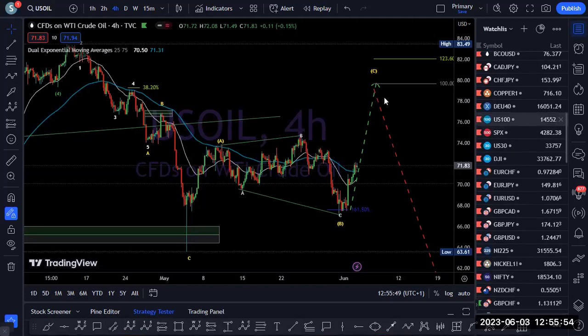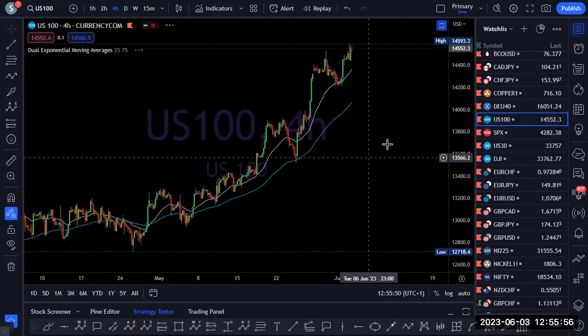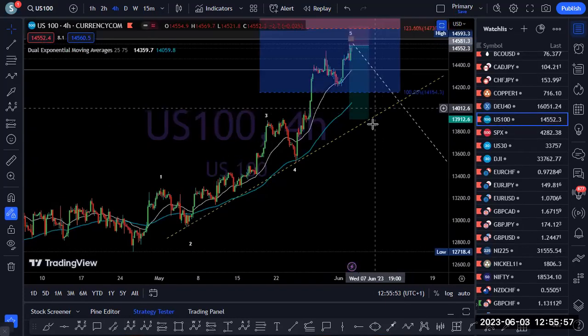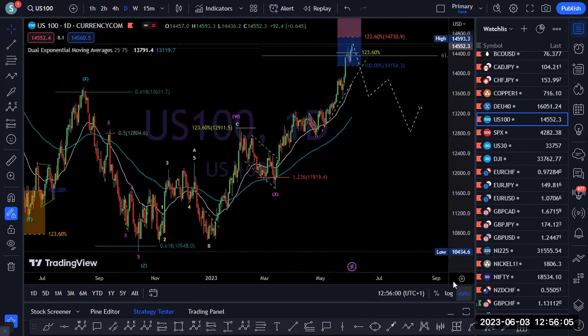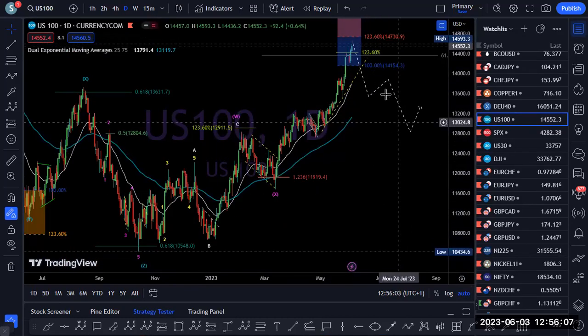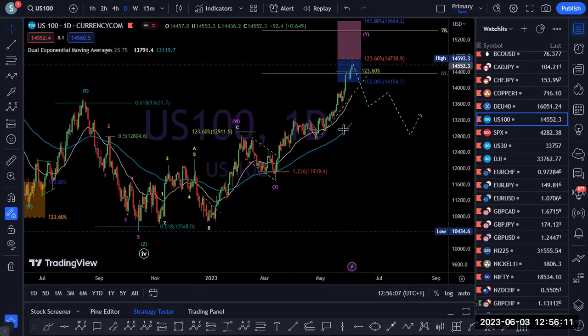Simple. NASDAQ. We go to daily or even weekly. Anyway, NASDAQ has come to a reversal zone.